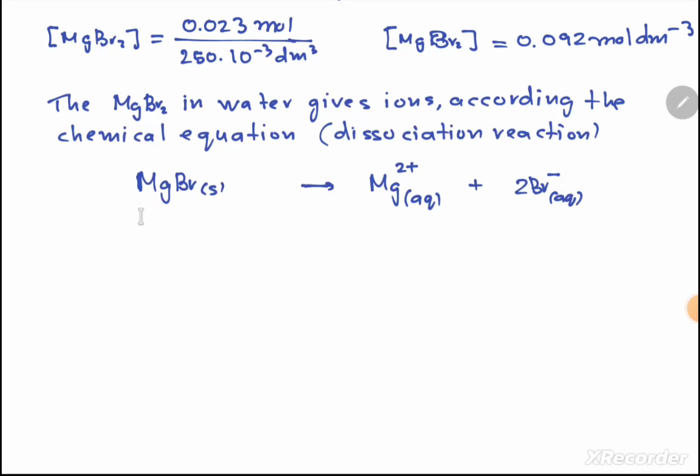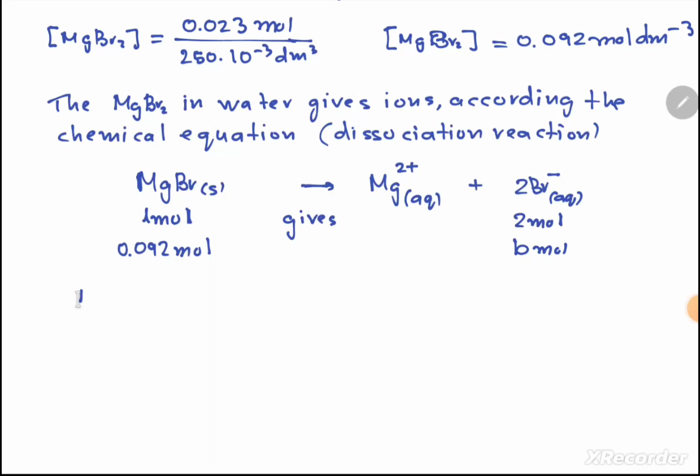So we have 1 mole of magnesium bromide gives 2 mole of bromide ions. We have 0.092 mole of magnesium bromide and it gives twice that.